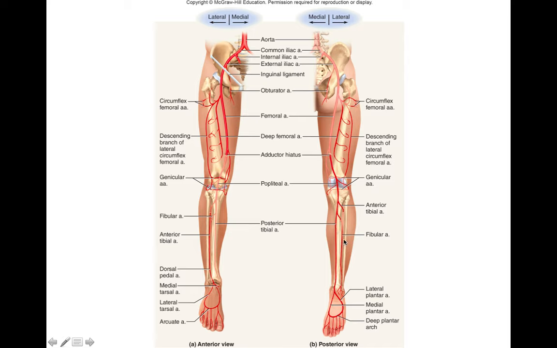Here's your fibular artery, and then up here, this one that splits higher is your anterior tibial artery. And then as you continue down the leg, you've got medial, lateral, and deep plantar arches of the foot, similar to what you have in the hand. And here's your arcuate artery right there.